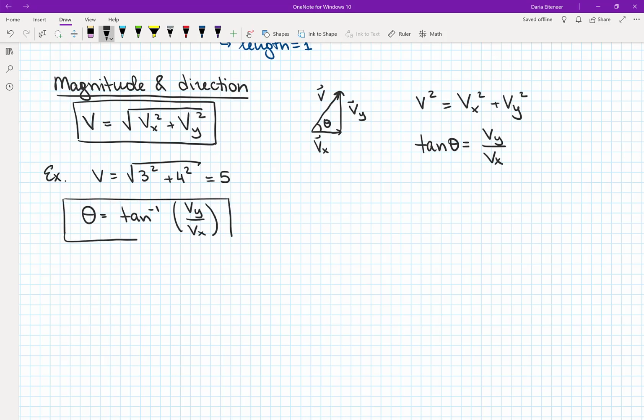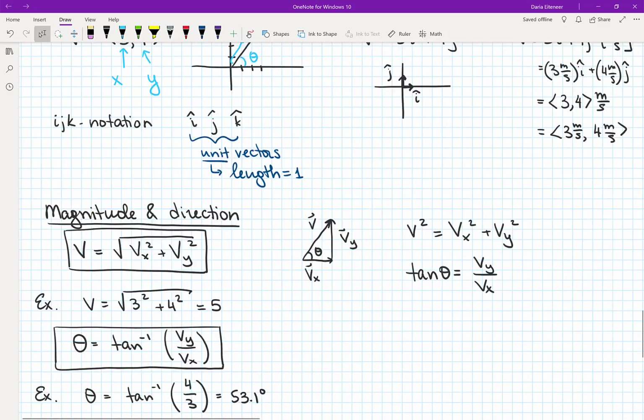I'm going to box this. So again, for our example, theta is inverse tangent of 4/3. And then, of course, you would plug it into your calculator. Make sure that your calculator is in degree mode. We're not going to need anything in radians in this class. And I get 53.1 degrees.